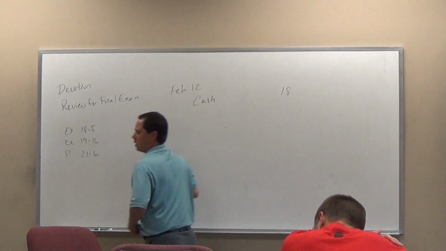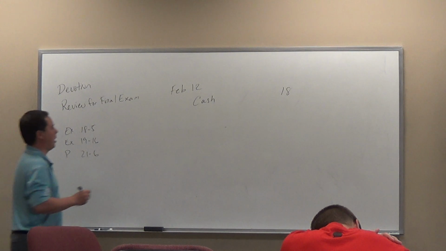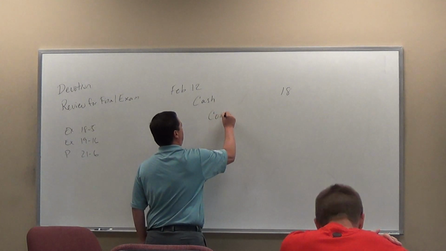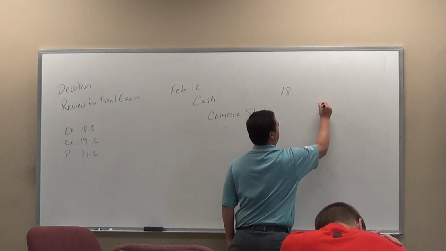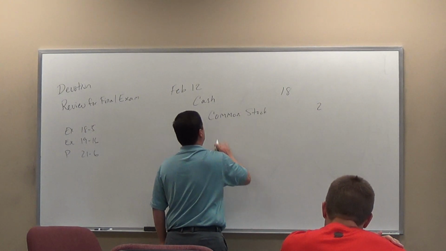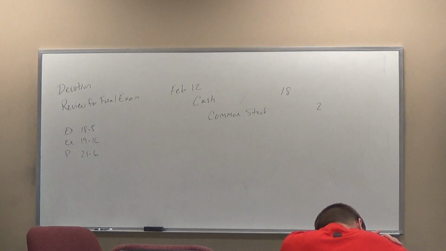And we have common stock here. The par is 2, as I said, and then you have your paid-in capital in excess of par. It'll be your 16.